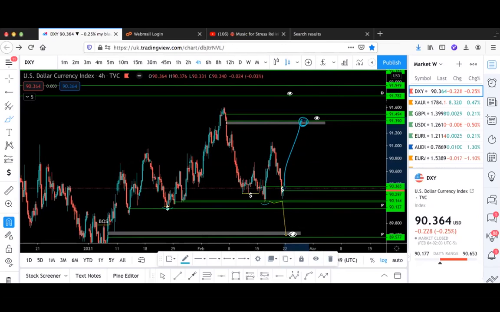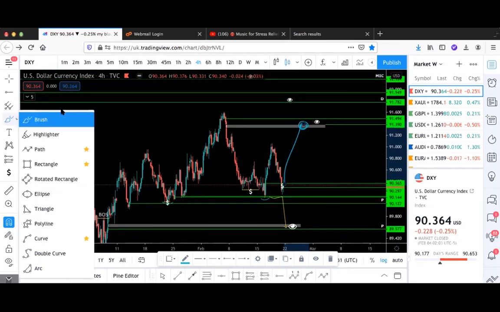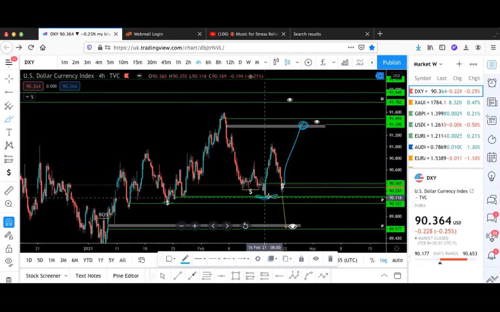If the price moves lower, this low needs to be violated. If this low is violated, then I would anticipate price to run lower. This is my first target. So now I'm well prepared by knowing direction and targets.